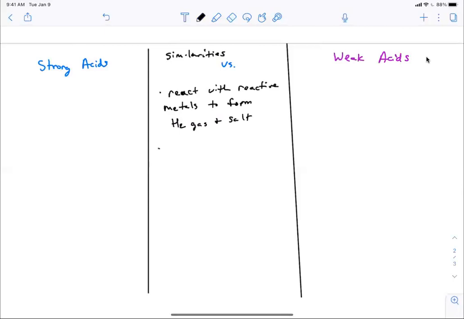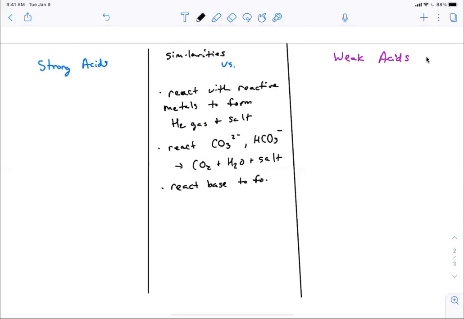You can react with carbonates or hydrogen carbonates to produce CO2 and water and a salt. You can react with a base to form salt and water.